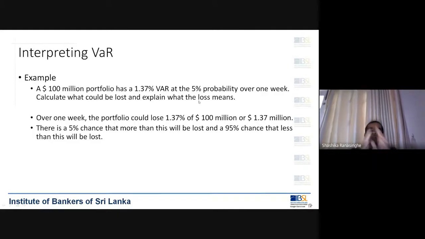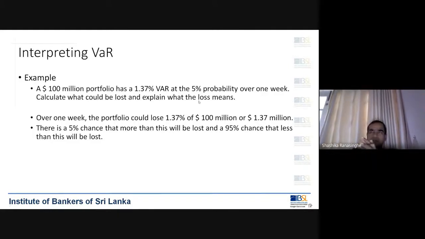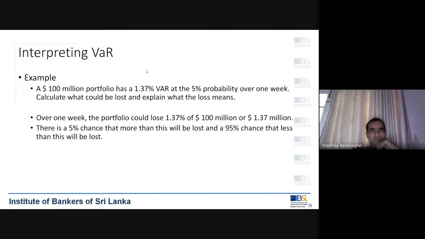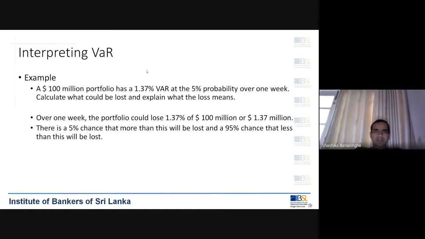That means you're 95% confident that over the next 1 week, you will lose a maximum of $1.37 million, right? Which means there's a 5% probability. Remember, you're only 95% confident. And this 5% probability means there is a 5% probability that your losses will be more than $1.37 million over the next 1 week, right? So 95% of the time, your losses will be less than $1.37 million.